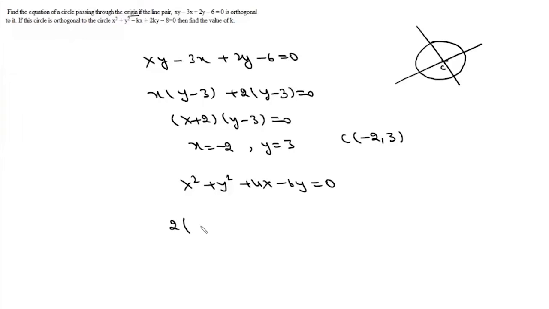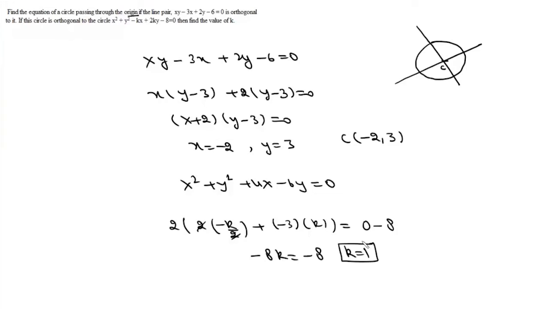Now g1 in this case is 2 and g2 is minus k by 2, and f1 is minus 3 and f2 is k, and it is equal to c1 plus c2. So c1 is 0 and c2 is minus 8. So here this 2 and 2 will cancel. This is minus 8k equals minus 8, that is the value of k is 1. So in this case, the value of k is 1, and that is the answer to this question.